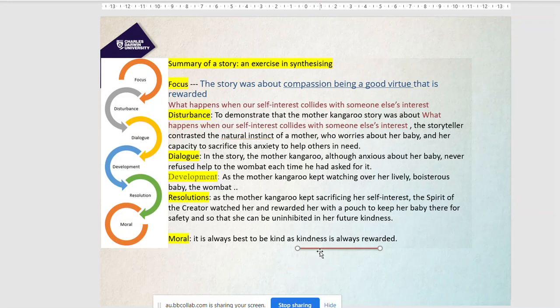But basically what you really want is to read the paper and then think to yourself, what was it about? So don't retell, you summarize. Well, it was about compassion, and the recommendation was that compassion always rewards.